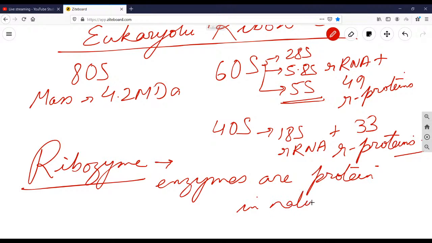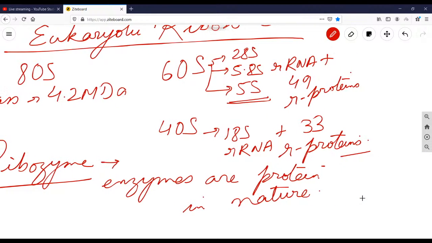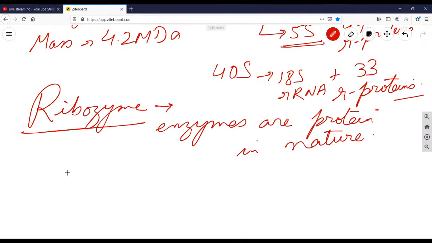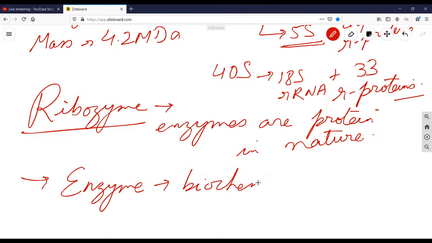But it's not mandatory that every enzyme will be proteinaceous in nature or biochemically a protein. They could also be an rRNA. So an enzyme could be biochemically a nucleic acid also. Which type of nucleic acid?